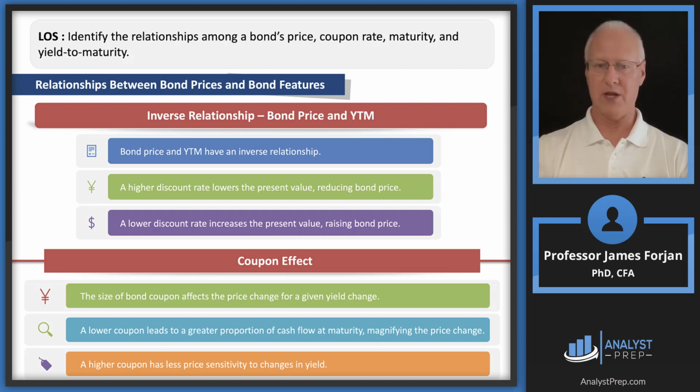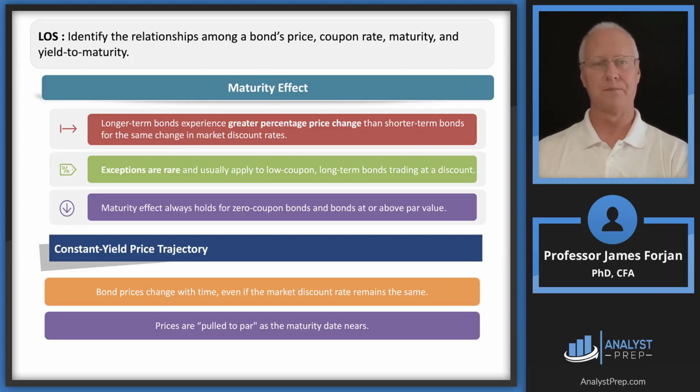So this is what you need to know, is that when firms or governments pay a higher coupon and the yield to maturity changes, the bond price is going to change, but that bond price for a higher coupon bond is going to be less sensitive to those changes in yield. So that was the orange box down at the bottom.